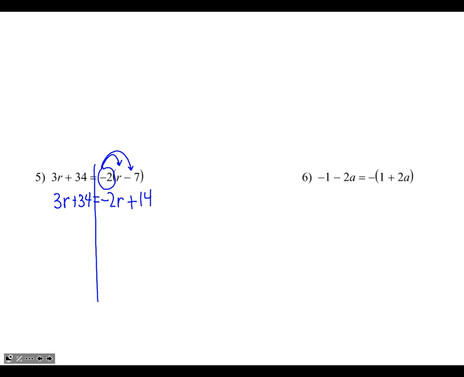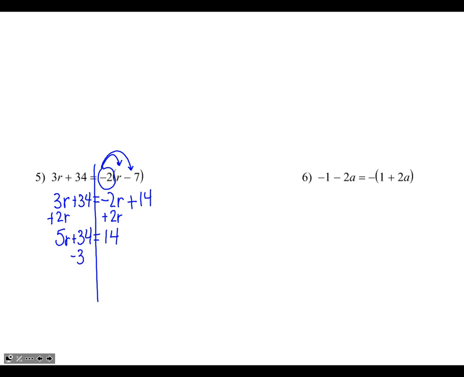Awesome. Okay, now I need to get rid of one of my variable terms. I'm going to get rid of the lower one, the -2r, by adding 2r to both sides. Gives me 5r plus 34 equals 14. Awesome. Now I need to get rid of the constant, which is 34 right here.